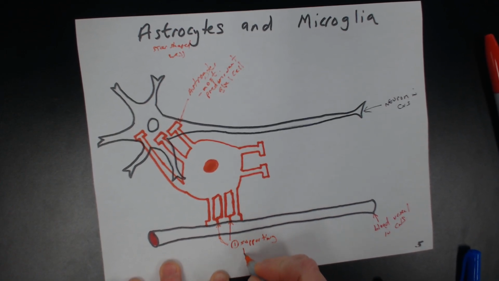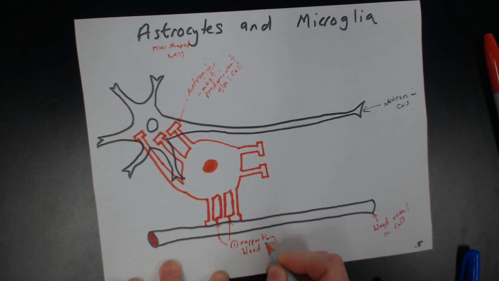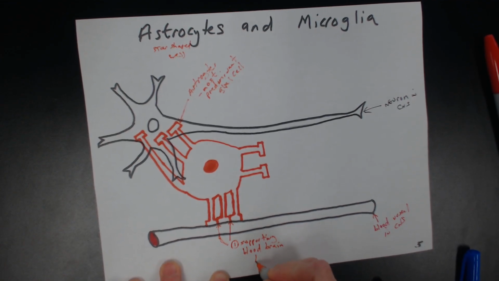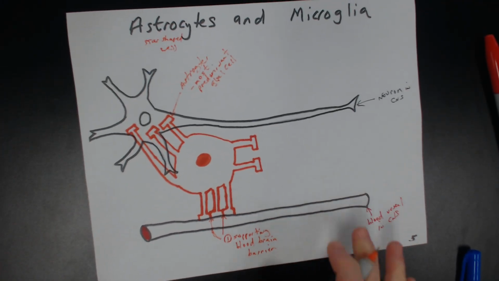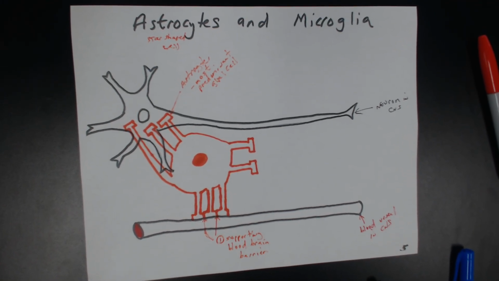I'm going to say supporting blood-brain barrier. And by that I mean the astrocytes themselves are involved in supporting the blood-brain barrier.